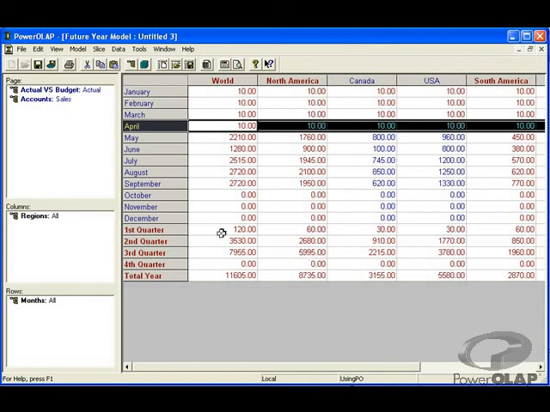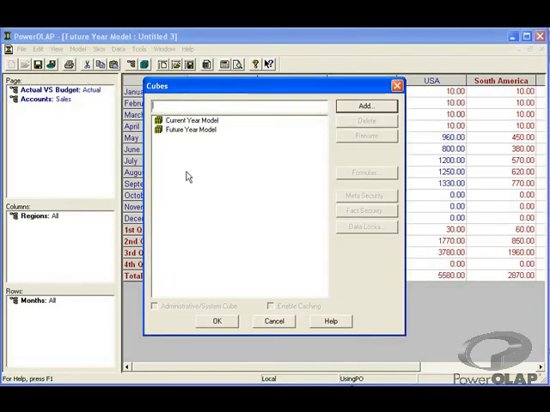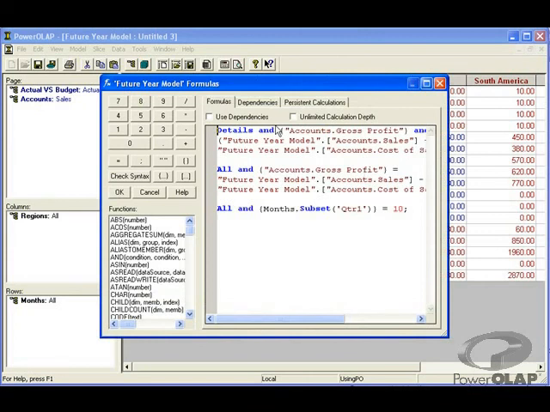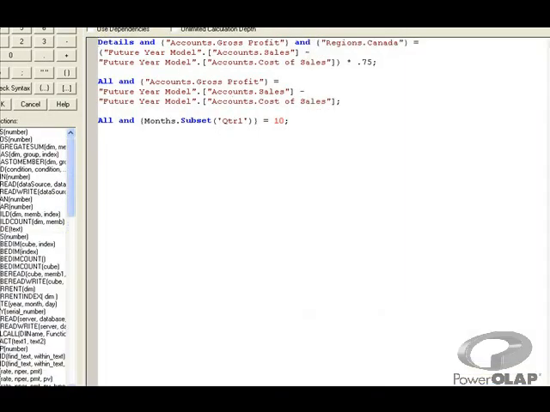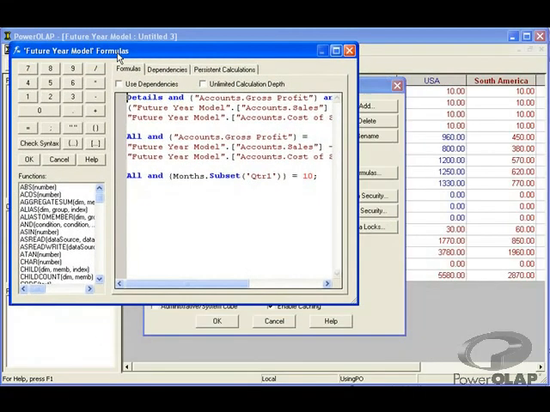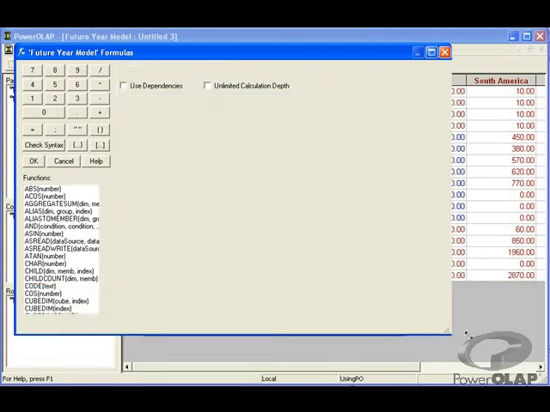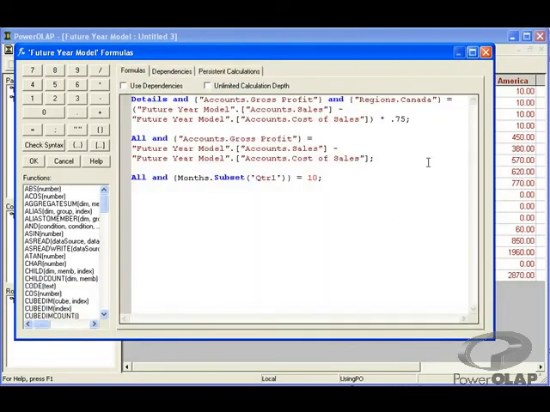The other syntax is the child or children function. I'm going to select Model, Cube, Future Year Model, Formulas. And I'm going to create a formula where the left-hand side is a children function. So again, I'll start by typing all and squiggly brackets.